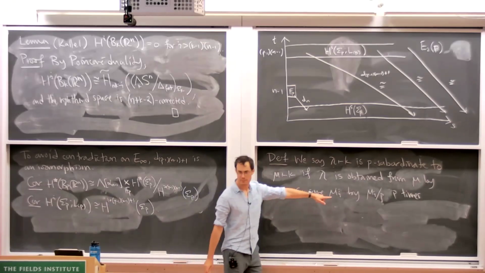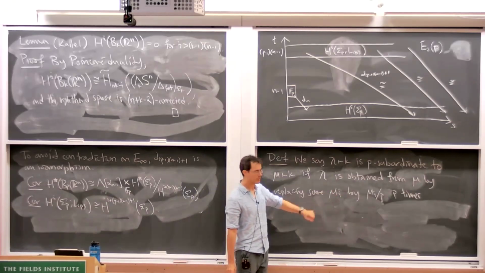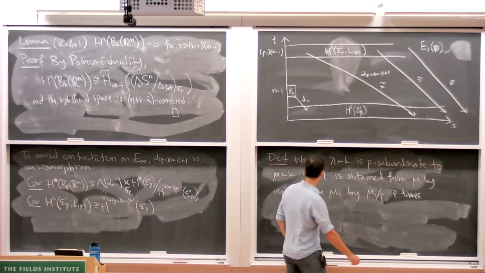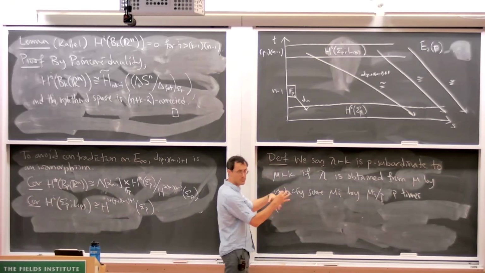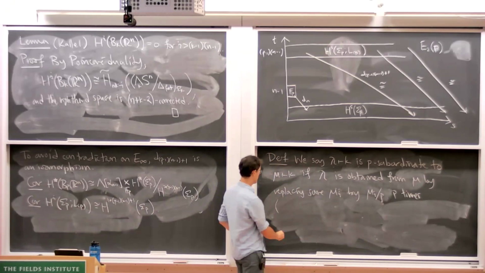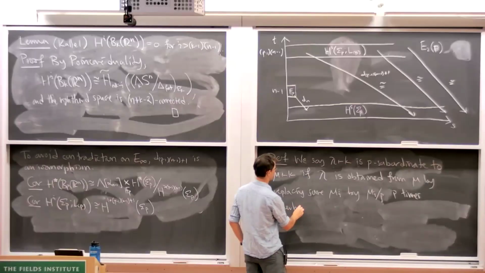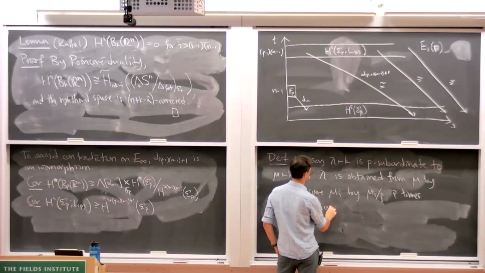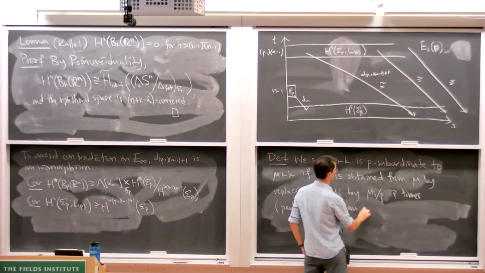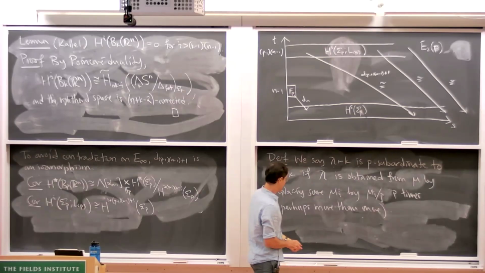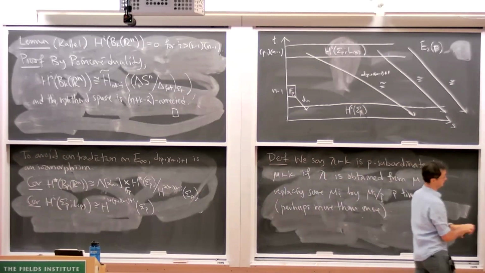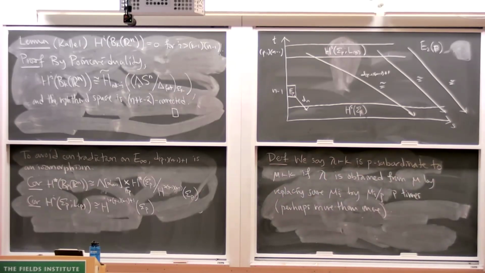In particular, that block would have to be divisible by p. I'll give you some examples in a second. Maybe I do that splitting process multiple times, so perhaps more than once. So let me give you some examples of p-subordinate.